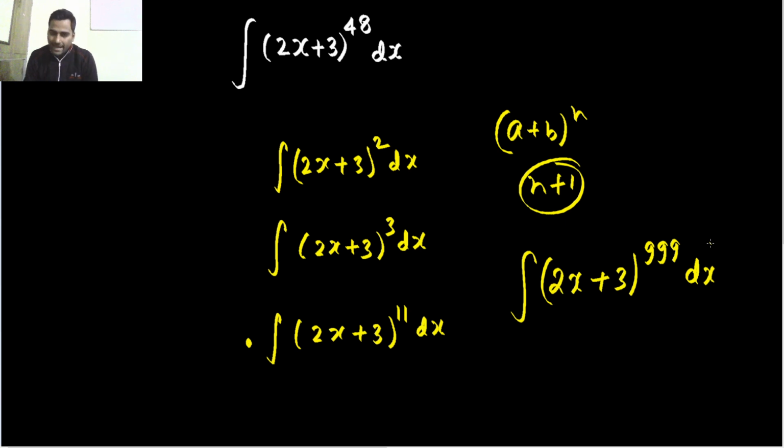Will you expand this binomial till 1000 terms? No indeed, because someone sitting beside you will not use binomial, he will use this method and find the answer, I would say 1000 times faster than you. How? Let's see in this method.